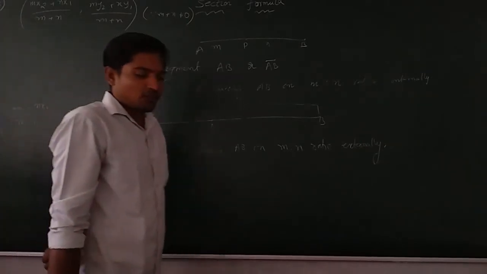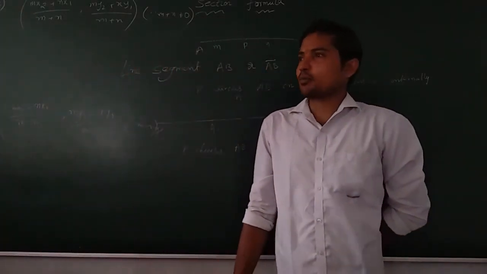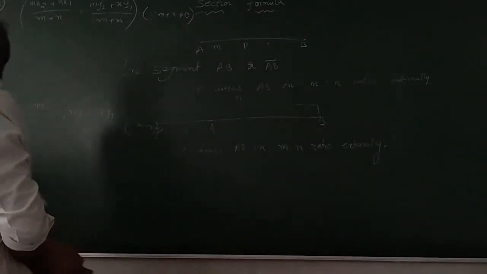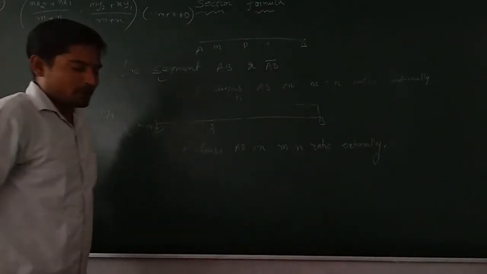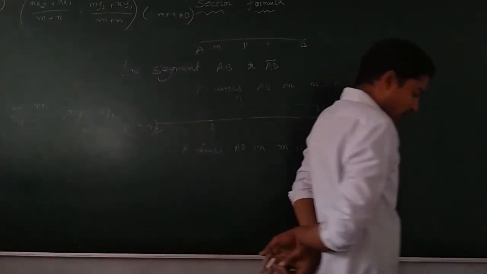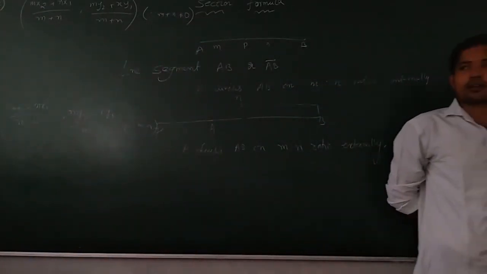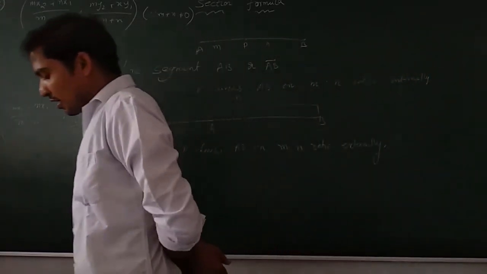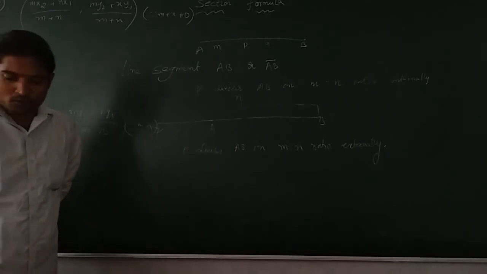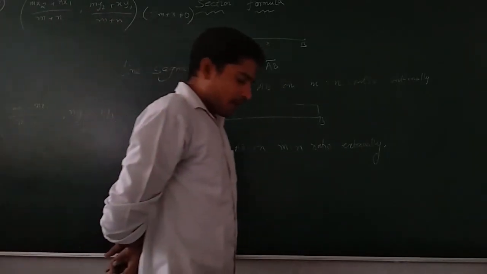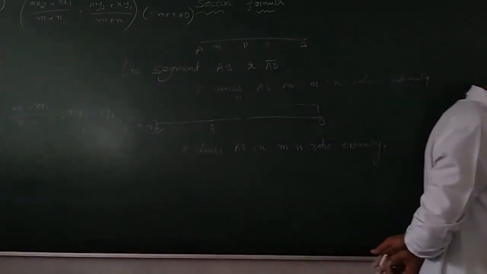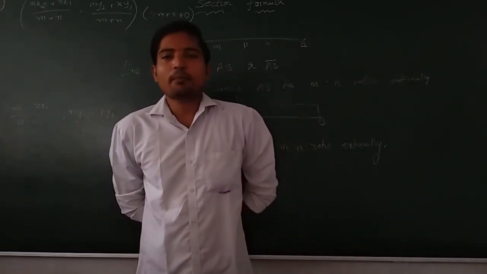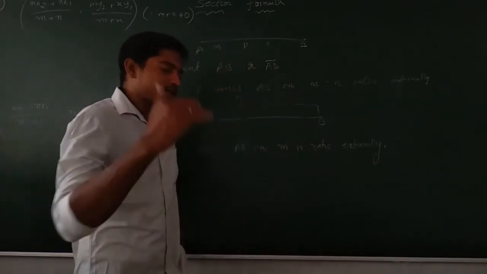This is the section formula. What is a section formula? The point which divides internally in m:n ratio, then mx2 plus nx1 by m plus n, my2 plus ny1 by m plus n. The point which divides the line segment externally in m:n ratio, then mx2 minus nx1 by m minus n and my2 minus ny1 by m minus n.